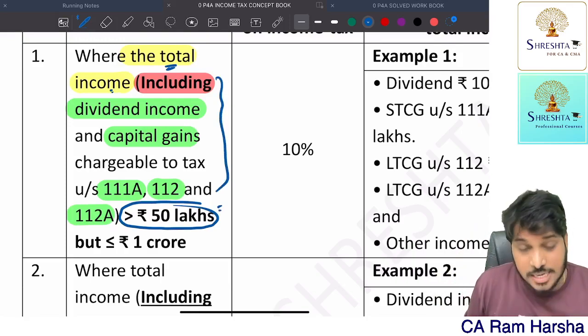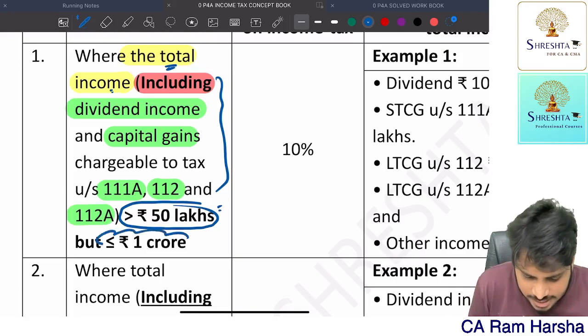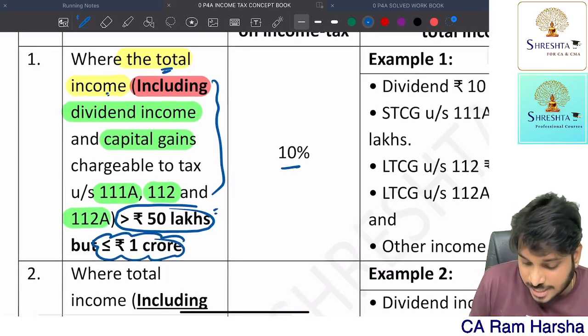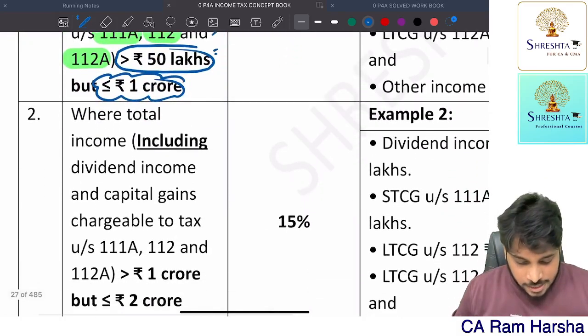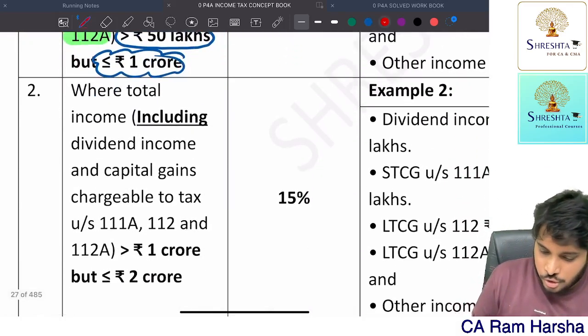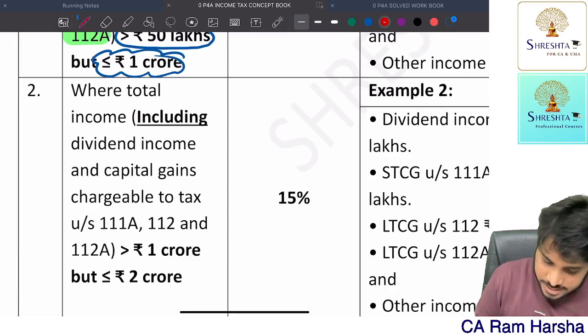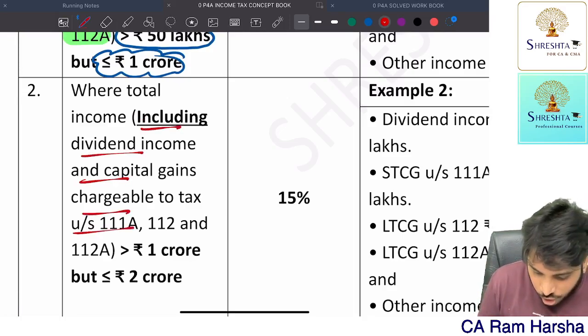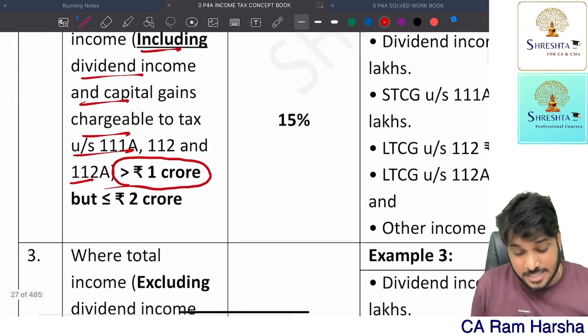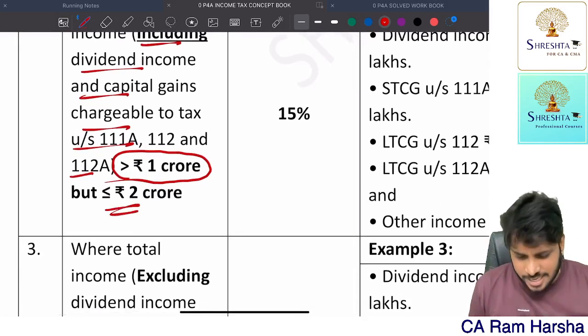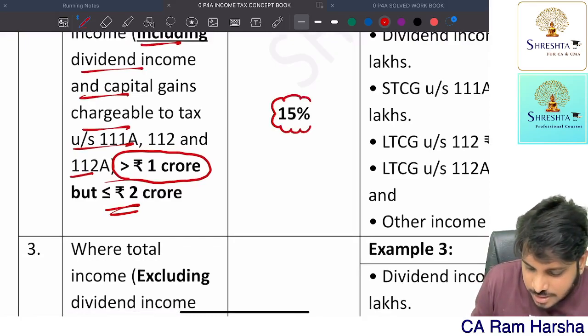If the total income is up to 50 lakhs, surcharge is 0. If the total income, including every type of income, exceeds 50 lakh but is less than or equal to 1 crore, then the rate of surcharge is 10%. Observe carefully. Same logic: if total income, including all these incomes, exceeds 1 crore but does not exceed 2 crore, then 15% is the rate.